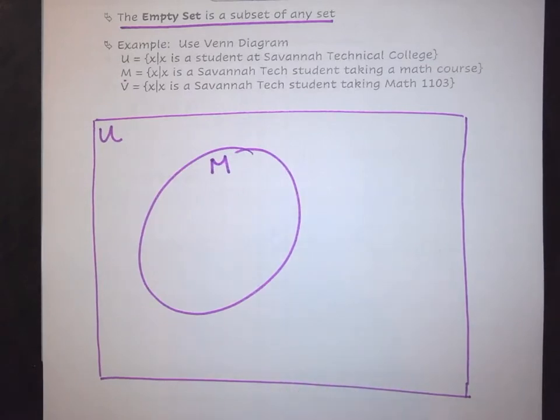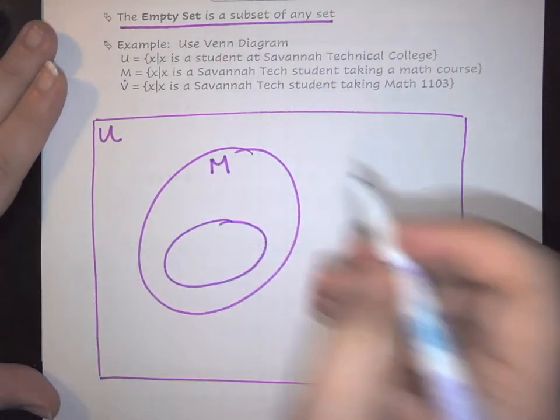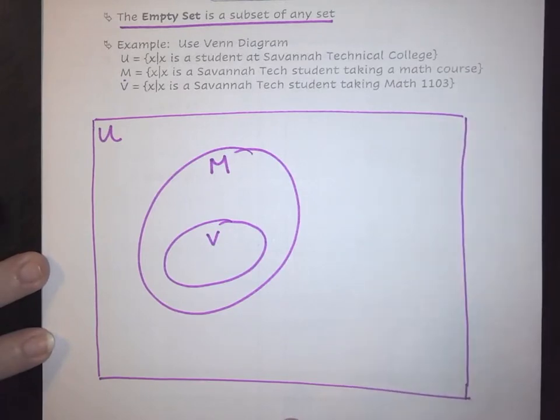Now the last one says V is a Savannah Tech student taking specifically Math 1103. So that would be another circle inside your math circle, labeled V, because not every student taking math courses will be taking the specific course 1103. Okay, so that's just one example of subsets.